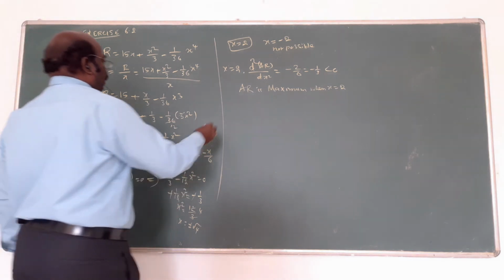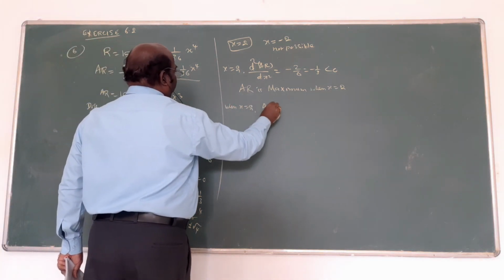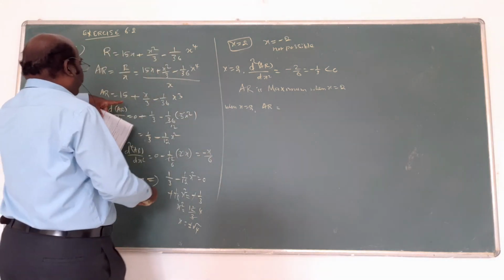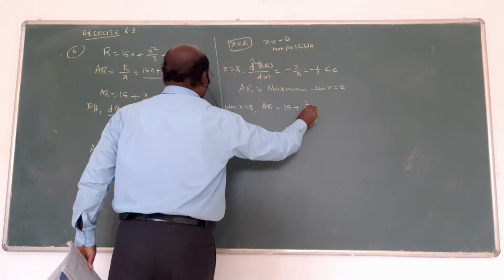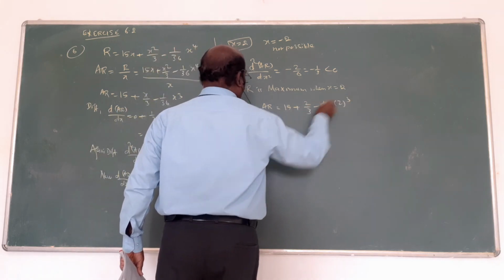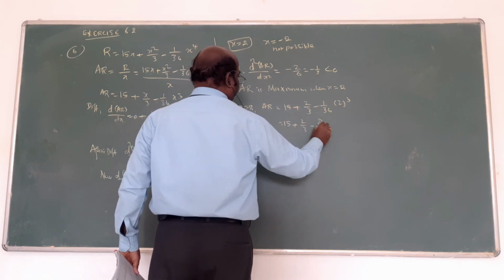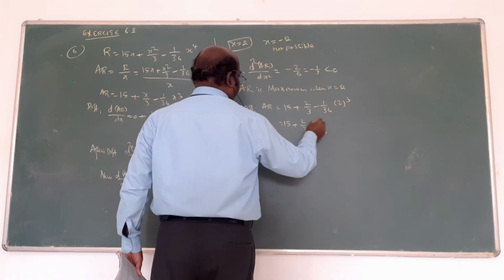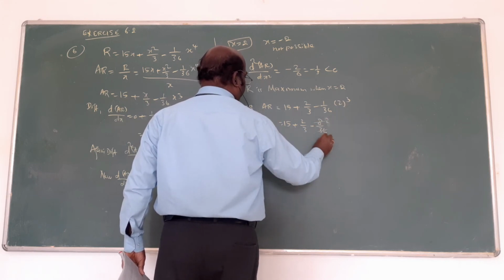Now, when x is equal to 2, AR equal to, this is AR, no? Substitute 15 plus x by 3, 2 by 3 minus 1 by 36 into 2 cube. 15, 2 by 3, minus 8 by 36, 2 times 4 times 9.